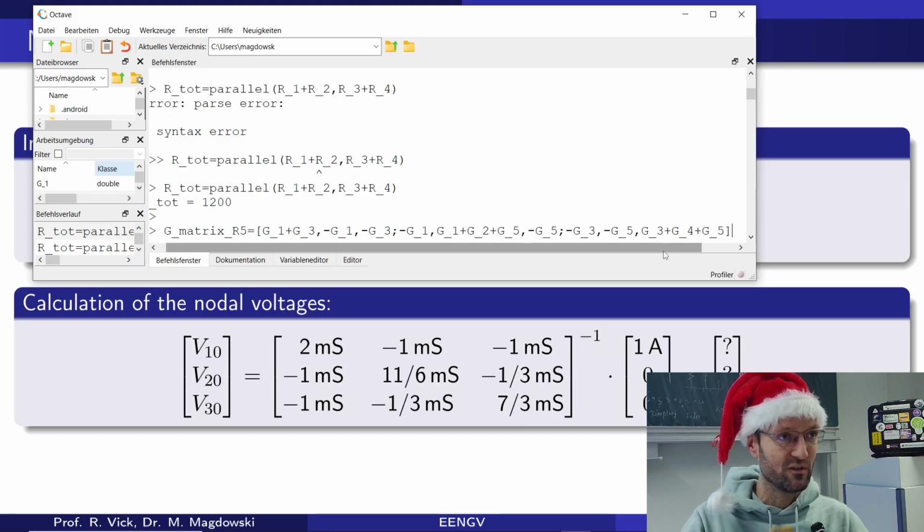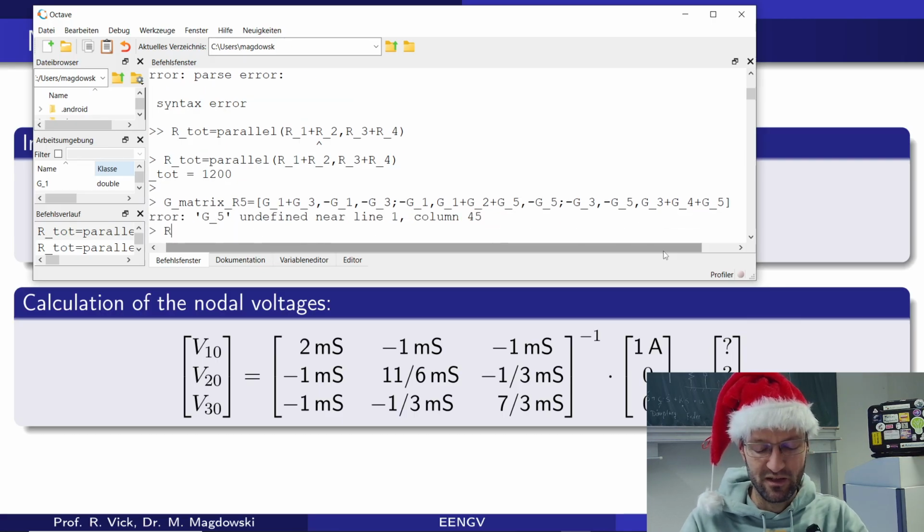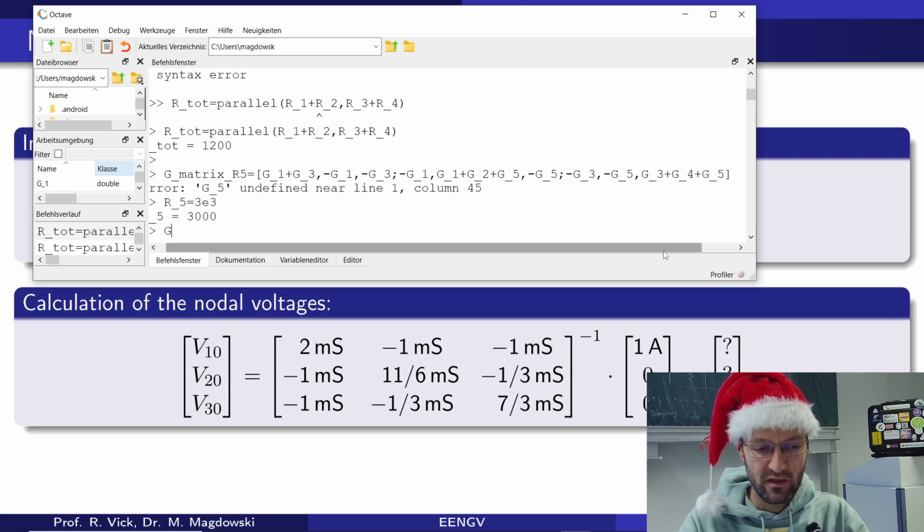The circuit changes, something changes in the matrix, but you are still able to calculate it. It does not completely explode. If I enter this now, I will get some error message because I've not defined R5 before. So R5 should be 3 kilo ohm and G5 is 1 over R5.